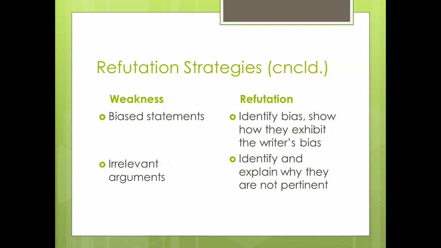We've already talked a little bit about bias, okay? If you find a biased source, you can still use it, but you can use it as a form of refuting the opposing argument. You could use it to show bias and exhibit how the writer's thinking might be flawed. But irrelevant arguments are usually not very useful.